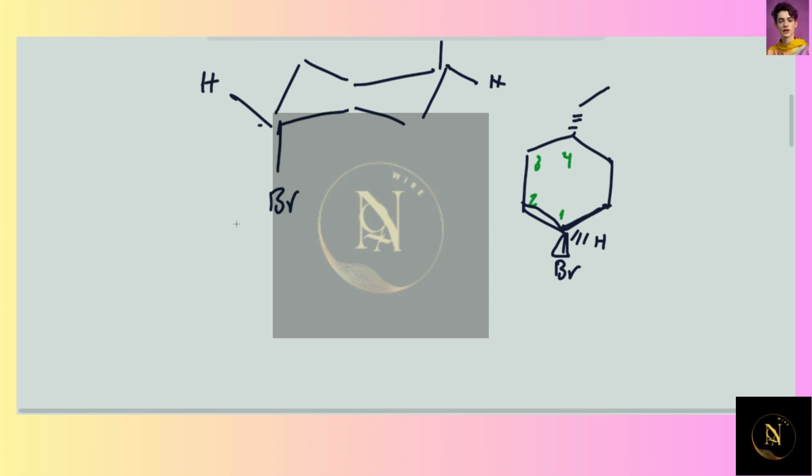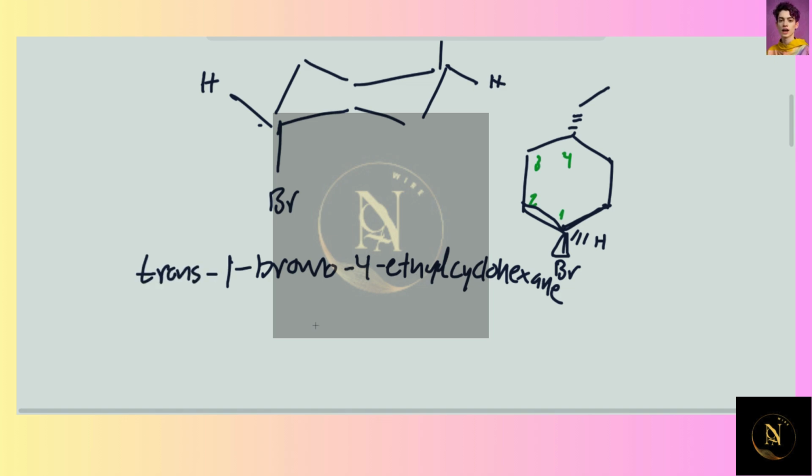So for that reason, we can ignore the stereochemistry and simply state that this is 1-bromo-4-ethylcyclohexane. And we could state that this is trans-1-bromo-4-ethylcyclohexane because the bromine and the ethyl group are on opposite sides of the ring.